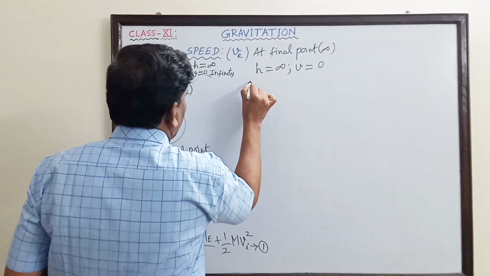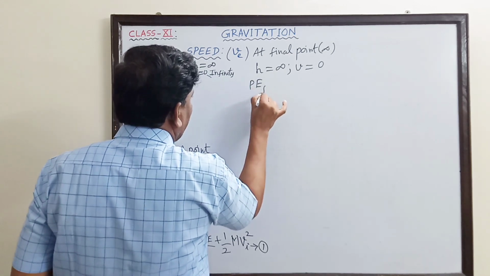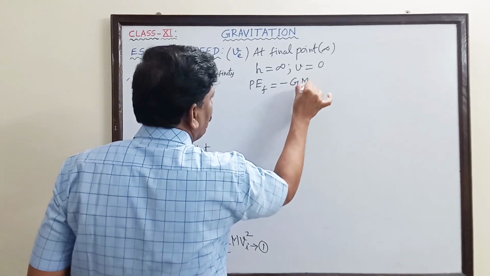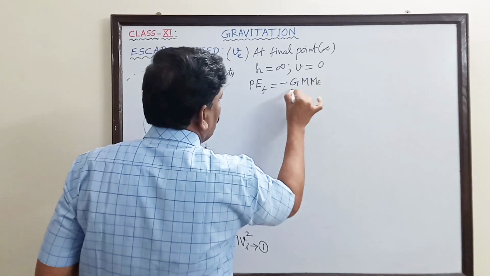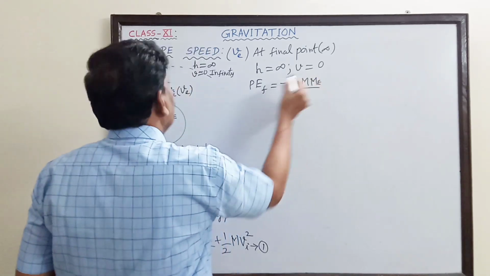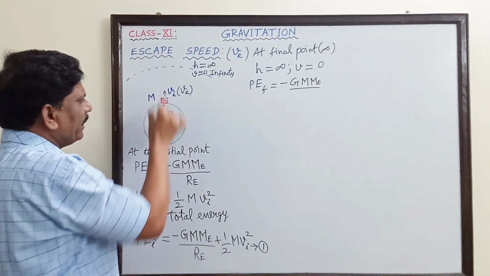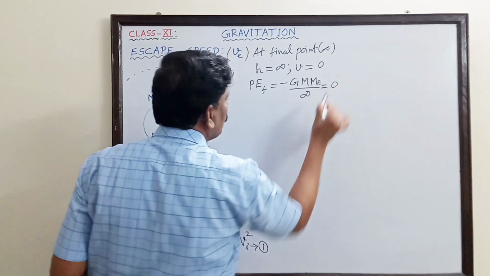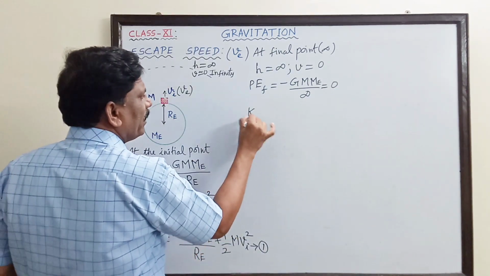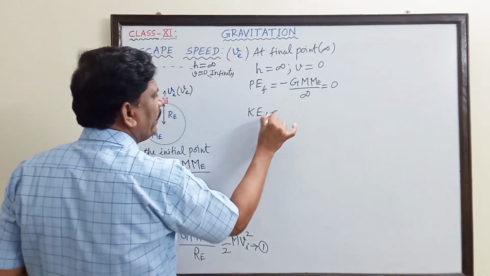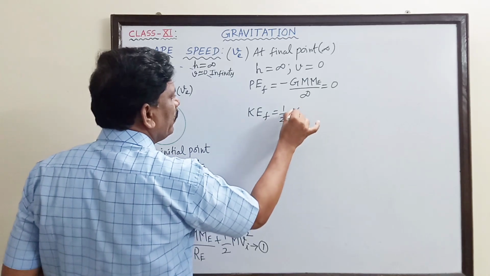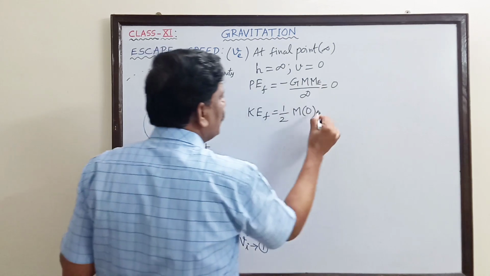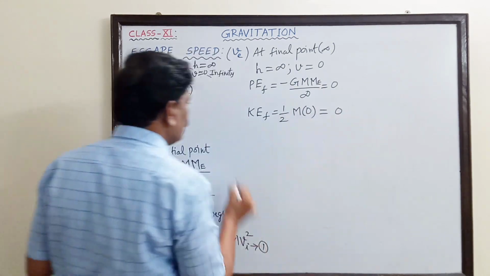Potential energy at the final point is equal to minus G m Me divided by this height. Since the body is at infinity, this will be equal to 0. And kinetic energy at the final point is half m v square, which is 0, because v is 0. So this also is equal to 0.